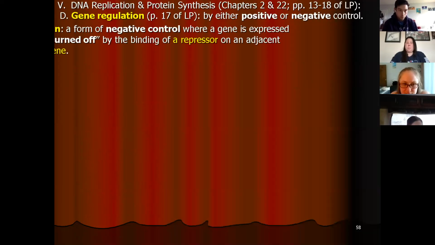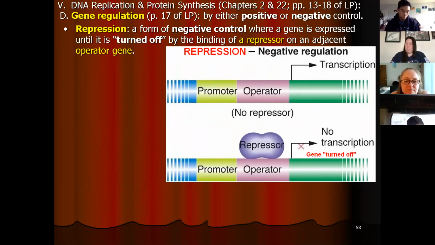Okay. The other one is negative control. The example is repression. In this case, you actually have greater control. The gene is actually normally on, but if you introduce a repressor, you turn it off. Since you're going from on to off, this is called negative control or repression.